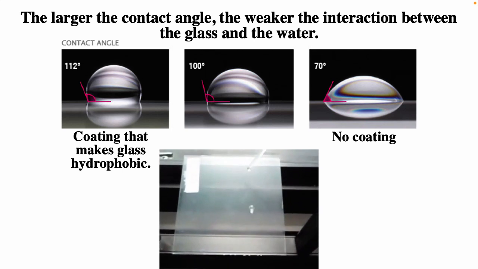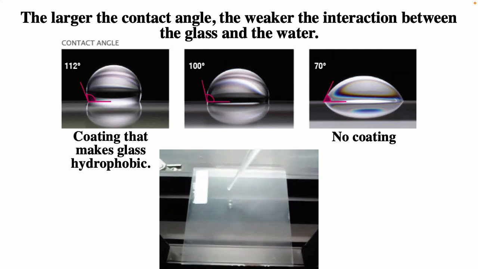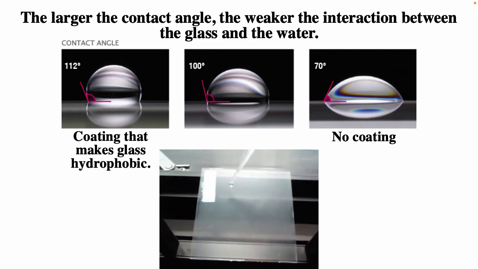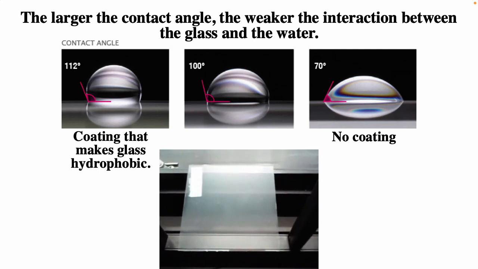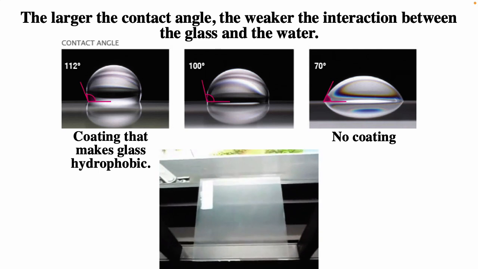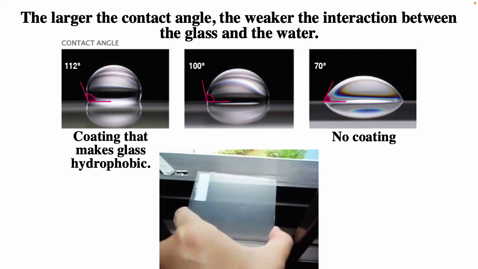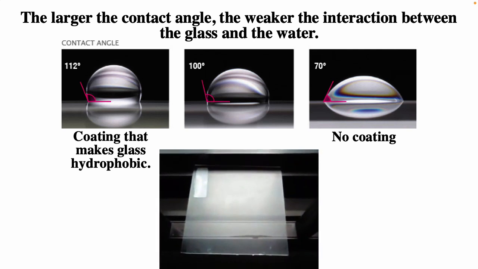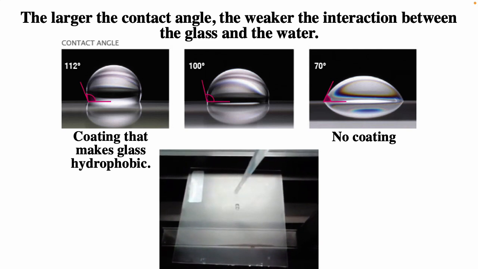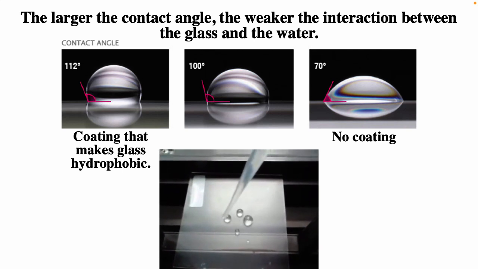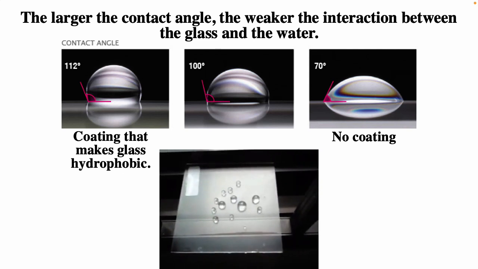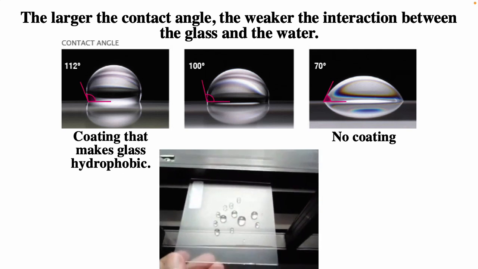And so on this side of the glass, a coating was added to make it hydrophobic, water hating, and so the water does not stay on the surface. You can either add a coating to the surface or you can change how the surface behaves.